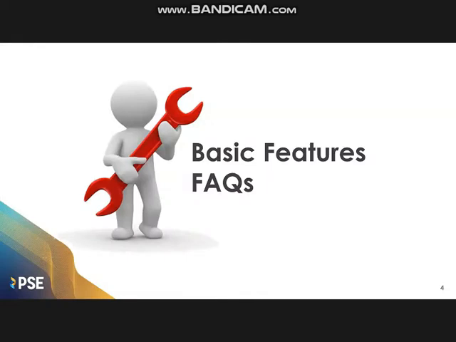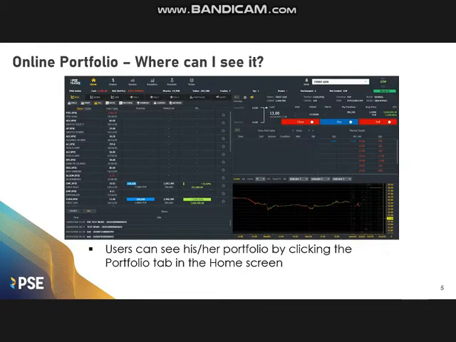So what are the normal questions that are being asked when using the system? First is the online portfolio, meaning where can I see the stocks that I have? The users can see their portfolio by clicking the portfolio tab in the homepage. This is a screenshot of the homepage.